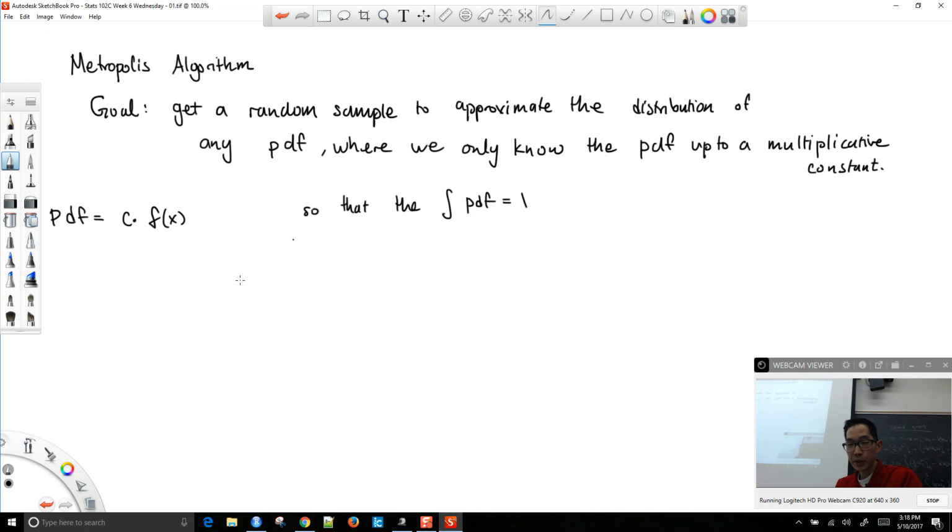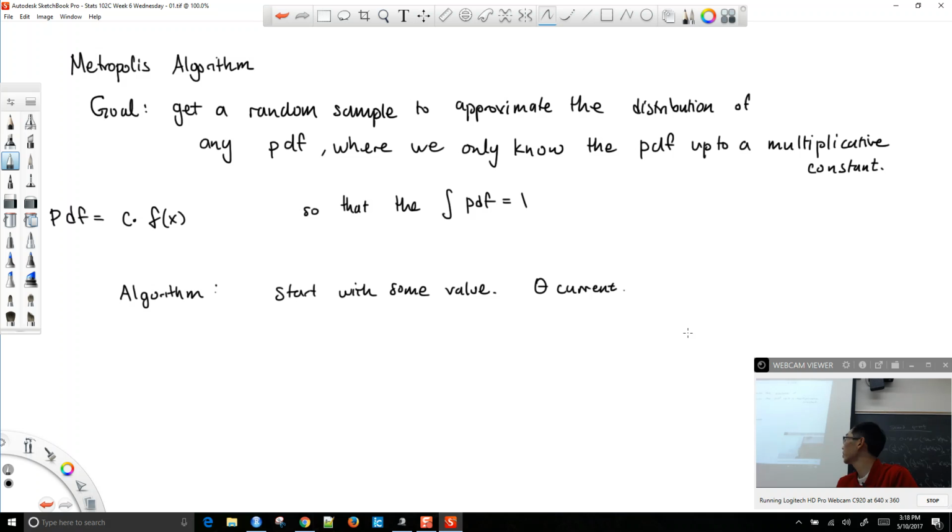So how can we get a random sample? The algorithm works like this. We start with some value, and we'll just say this is our current value. I'll call it theta current.